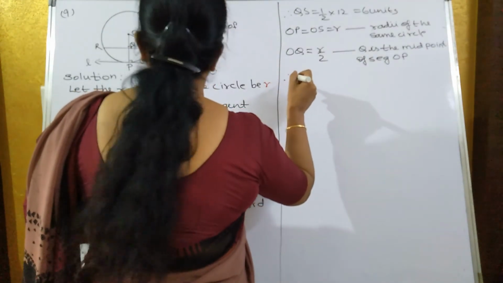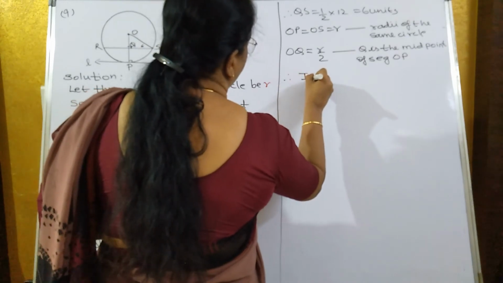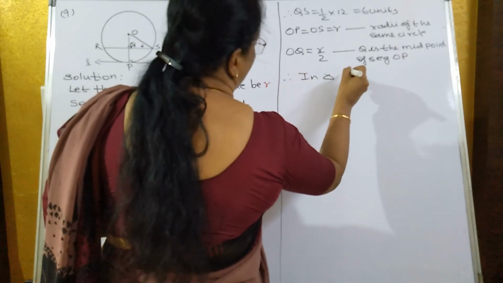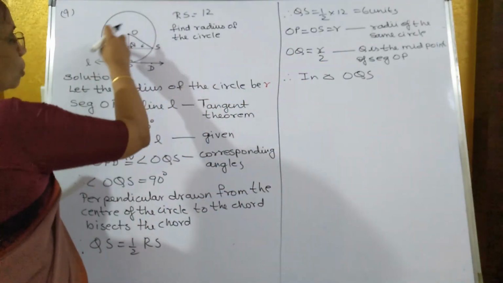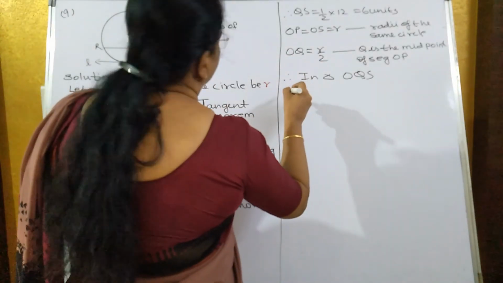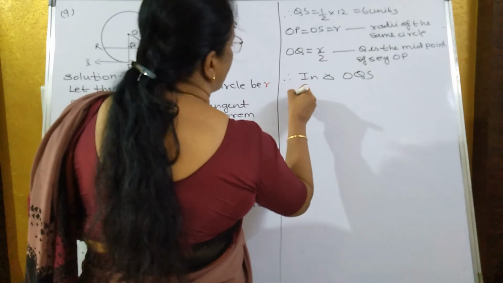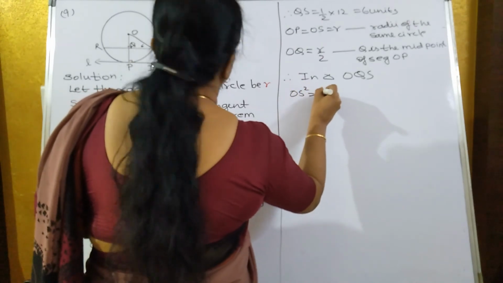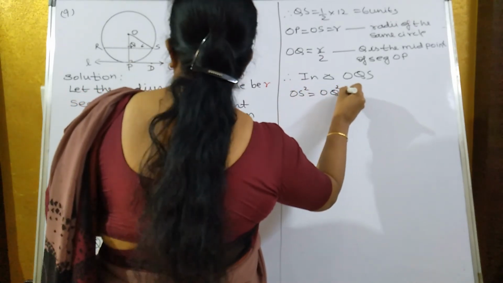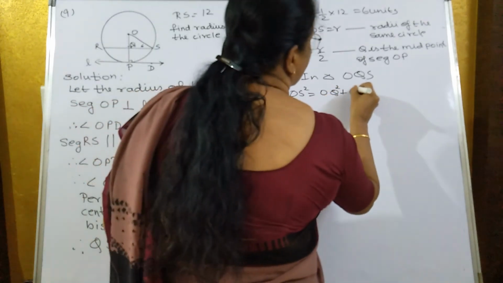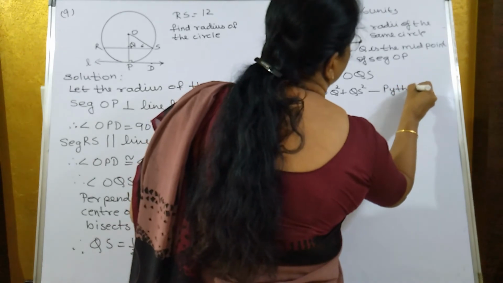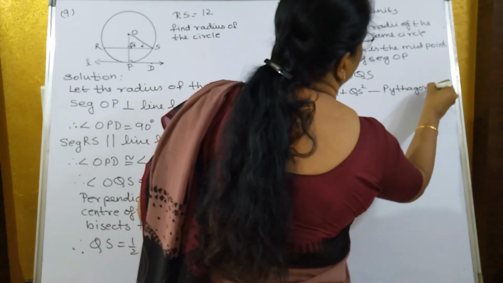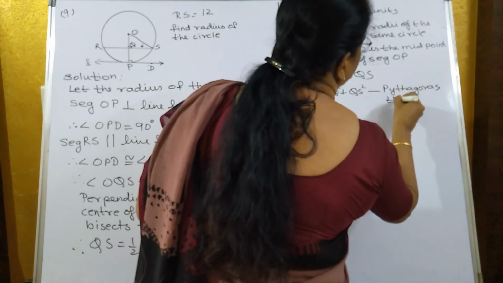Therefore, in triangle OQS, OS square is equal to OQ square plus QS square. Reason, what will you write down? Pythagoras theorem.